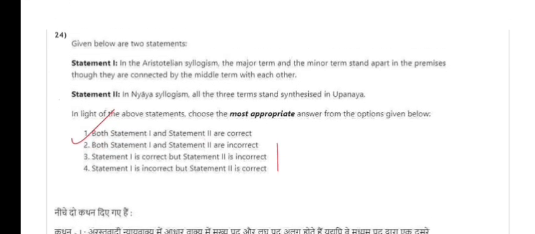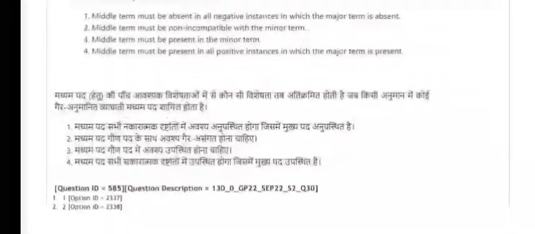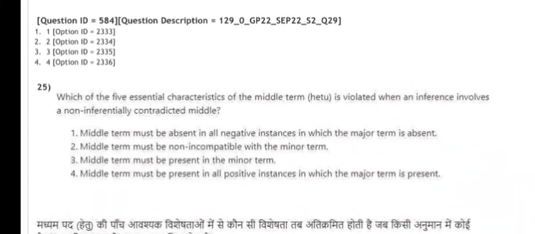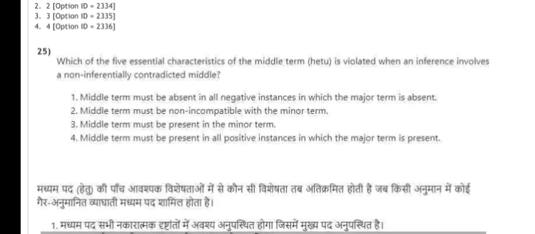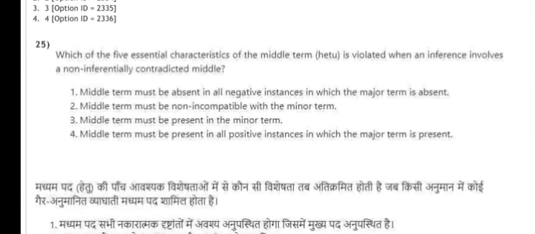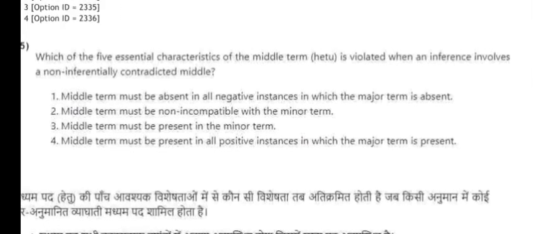Okay, yes, so this was the last question. Now this we have to do. Which of the 5 essential characteristics of the middle term is violated when an inference involves a non-inferentially contradicted middle? 1.